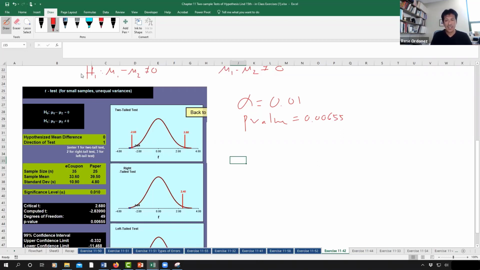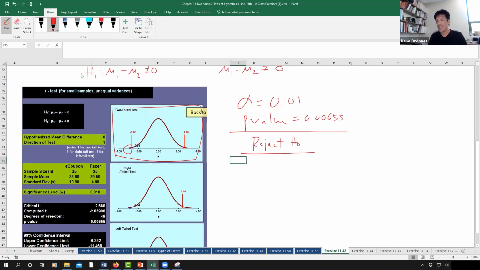Or you can also look at this distribution here. Here's the computed value inside the reject H0 region. So either using the computed statistic as your decision rule or the p-value as your decision rule, we will conclude to reject the null hypothesis.